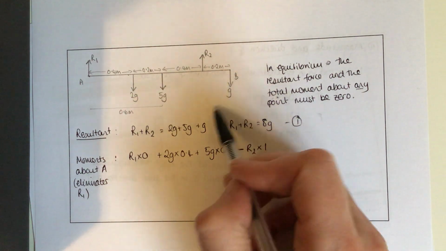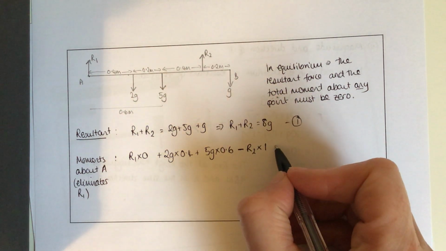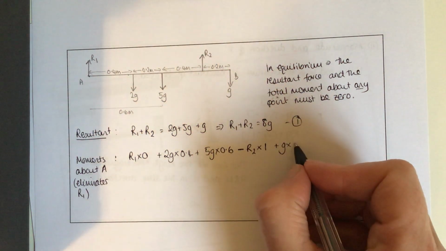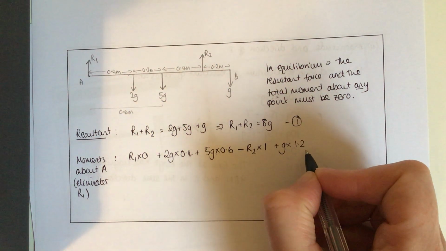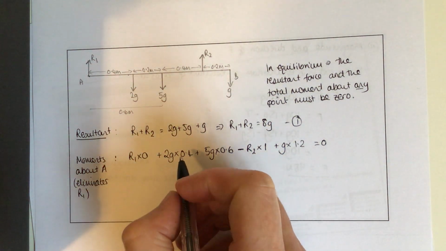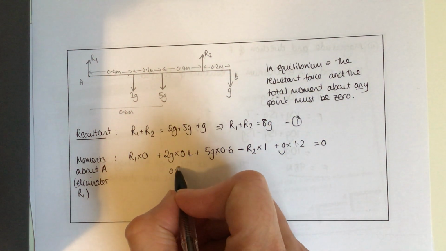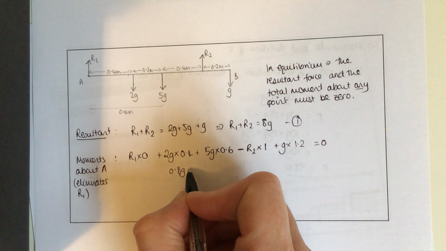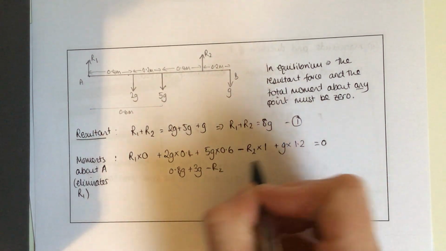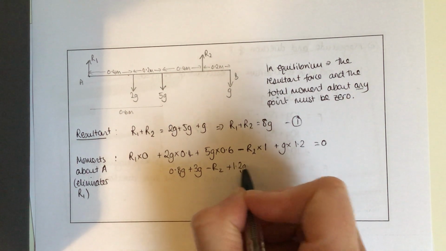And then back to this direction, so I'm going to go back to just calling this positive, so that's g, and the distance I know is the entire rod, which is 1.2 metres, and that has all got to equal 0. So if I simplify this down, I have got here 0.8g, and then I've got 3g minus R2 plus 1.2g is equal to 0.